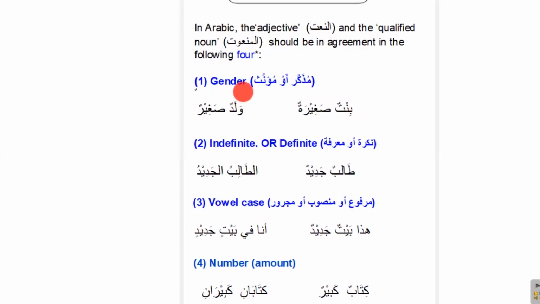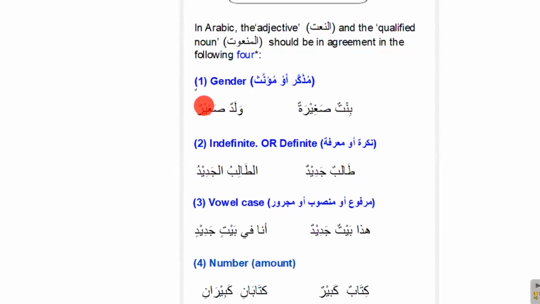If you want to say a small book, kitabun saghirun. Why? Because kitabun is masculine in Arabic. But if you have haqibatun, a bag, you can see the tun, the ta marbuta signifies it is feminine. So if you now want to say a small bag, you don't say haqibatun saghirun. You say haqibatun saghiratun.